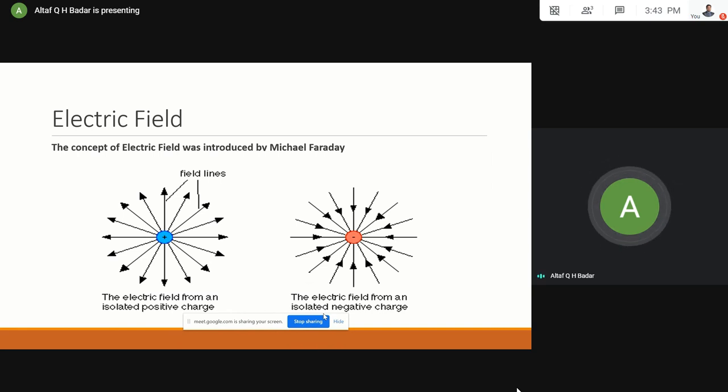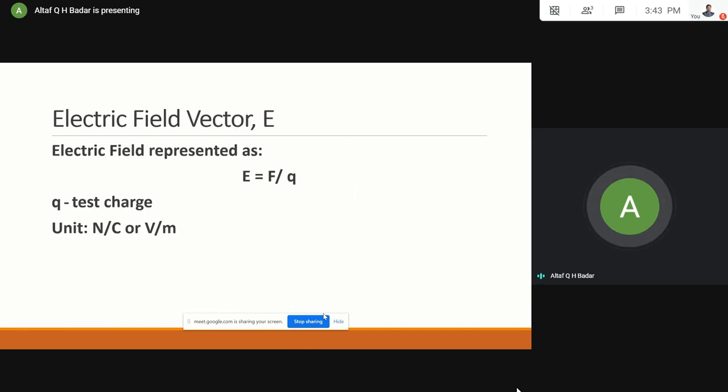So the electric field vector is represented by capital E, and the formula is given as F by Q. Here E is a vector quantity, and that is why the F that will be calculated will be based on a vector calculation itself. Last time we had seen two kinds of calculations in Coulomb's law, one is the scalar calculation, the other one is the vector calculation.